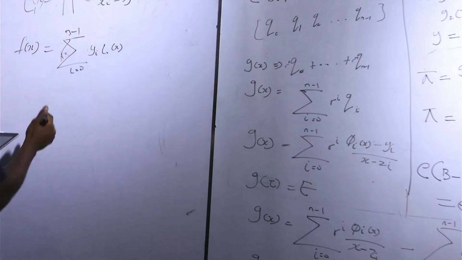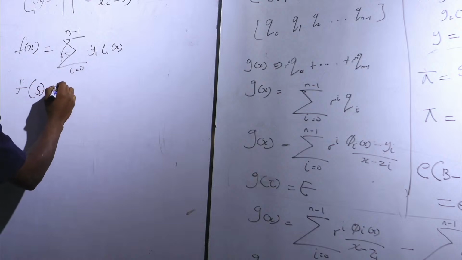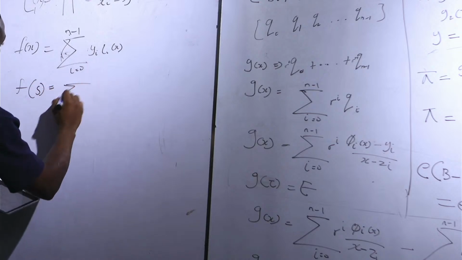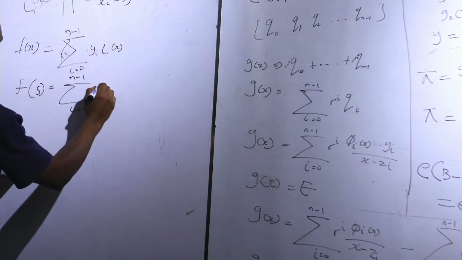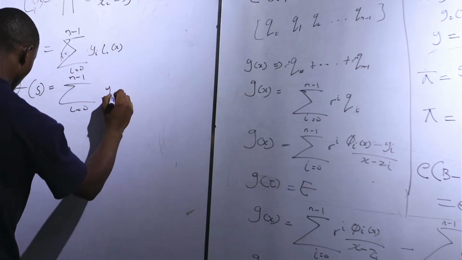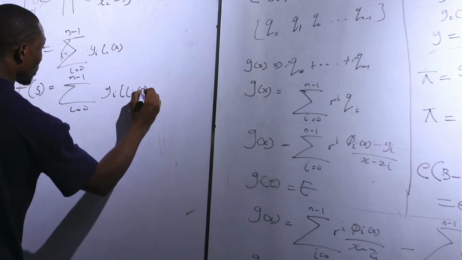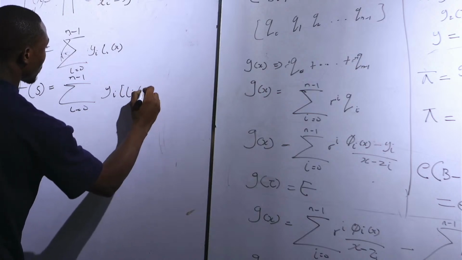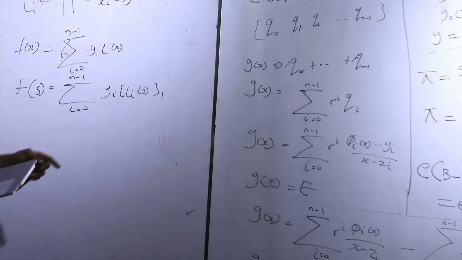So now, let's say we have the commitment. This will prevent us from converting our evaluation form into a coefficient form.